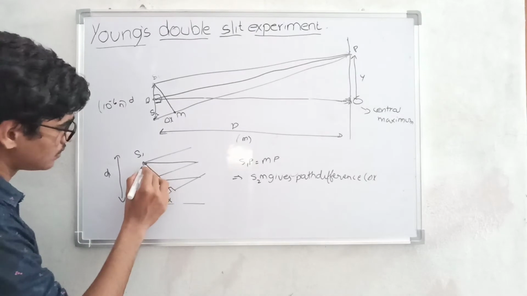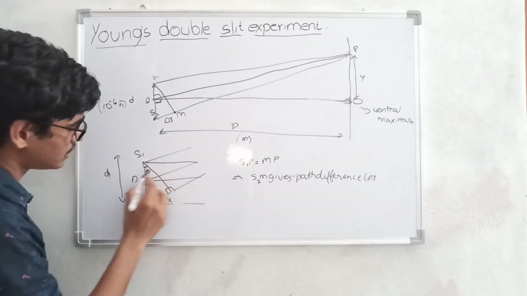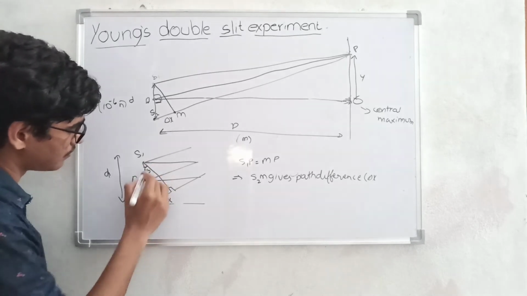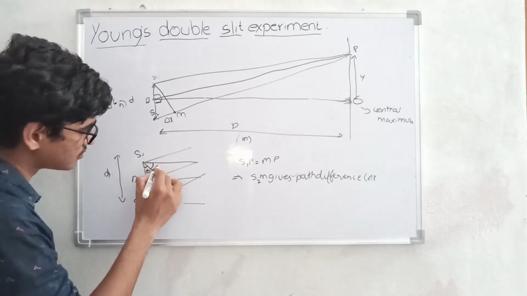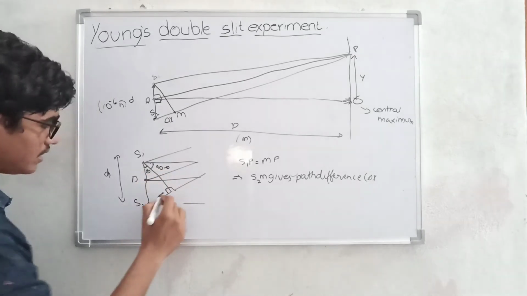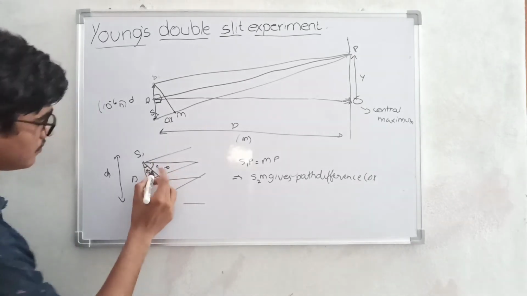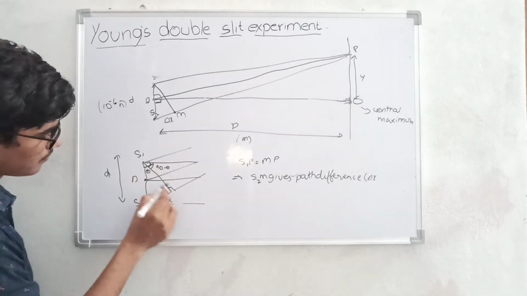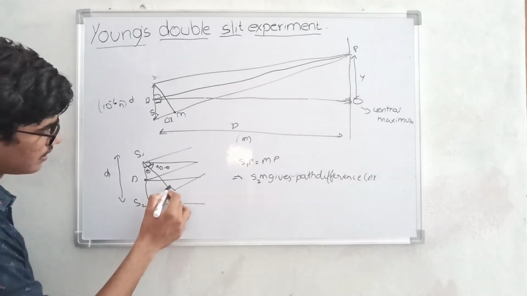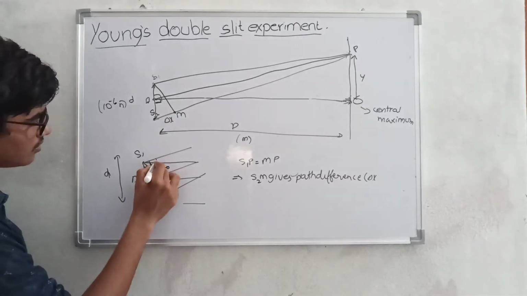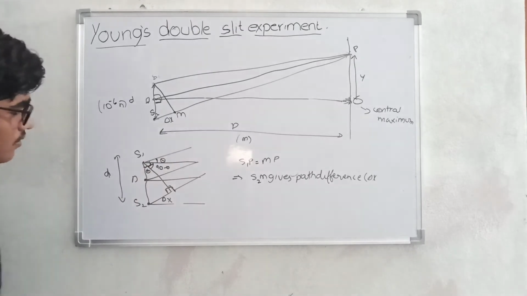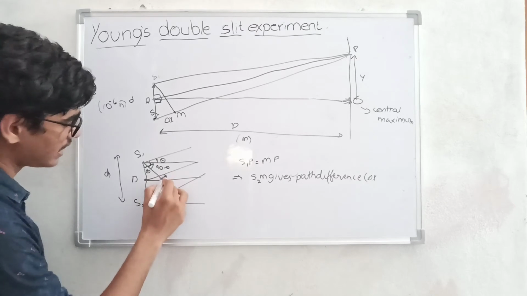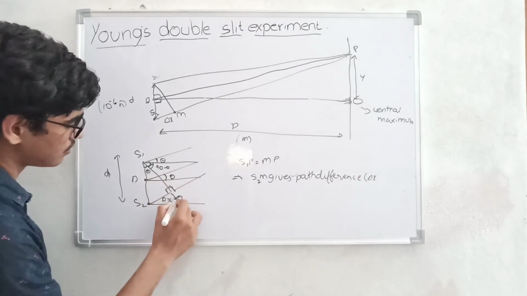If we observe that these are horizontal lines, this should make 90 degrees with this vertical line. That means this angle becomes 90 minus theta, and it is a perpendicular, because these are parallel rays and here also perpendicular. So this angle becomes theta. As these three rays are parallel, this angle also becomes theta.